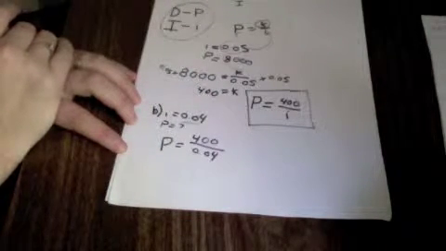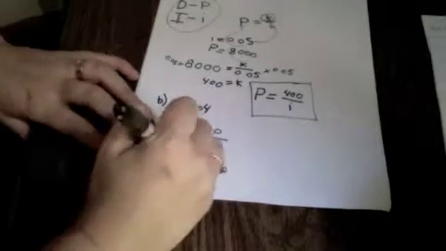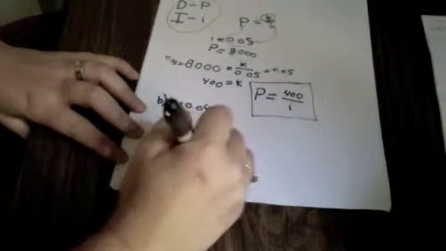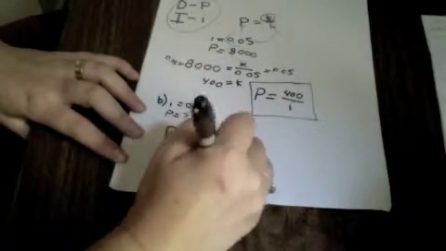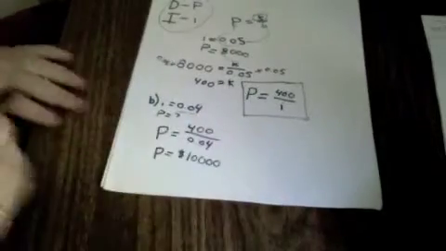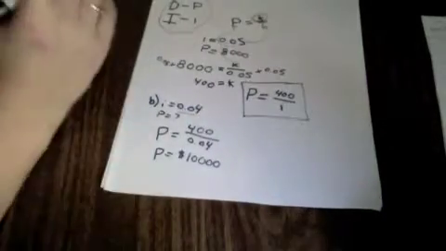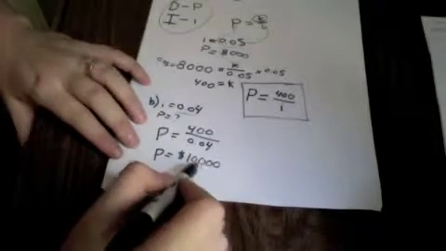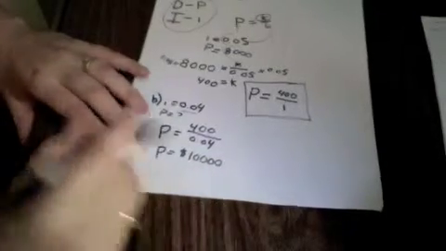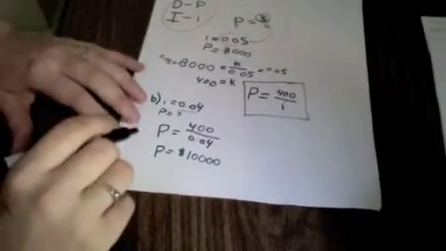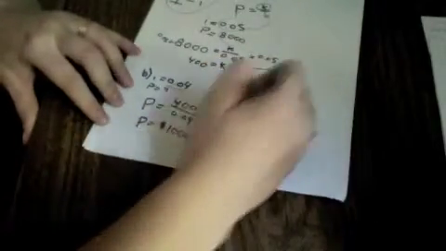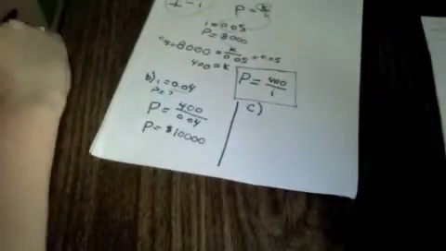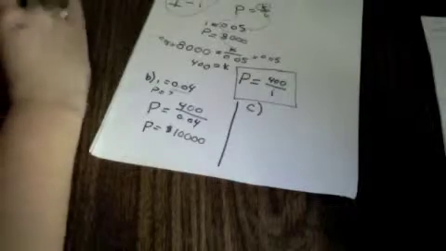And when I plug that into my calculator, I get P equals 10,000. So, in order to get enough money, at 4%, she needs to have a principal of $10,000.